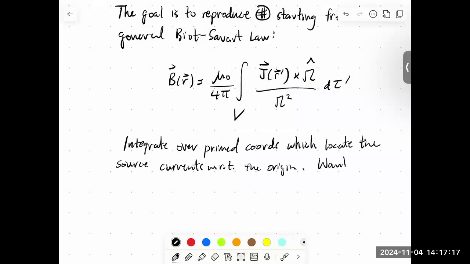And then one of our main goals will be to find the curl of B, but we'll also look at the divergence of B. That's actually going to be the easier case.